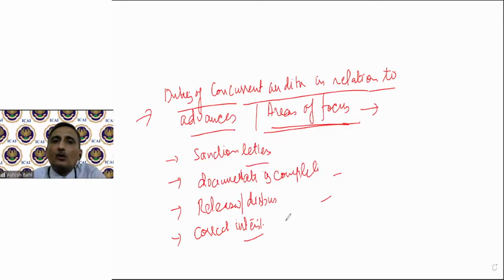So students, you have also to remember that verifying and ensuring that there is no revenue leakage in the branch is also one of the important duties of concurrent auditor, not only in respect of advances, but also in respect of other areas of the functioning of branch also. Okay. Is it clear to you guys?